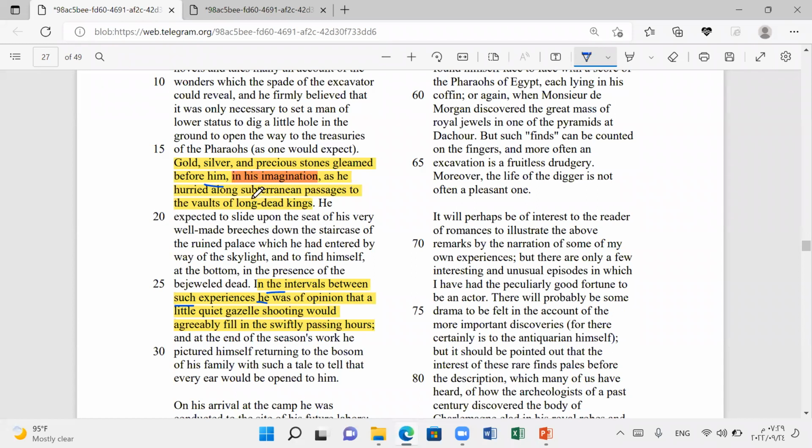Okay, all of that is in his imagination. So in the intervals between such experiences, he was of opinion that a little quiet gazelle shooting will agreeably fill in the swiftly passing hours. So there is a reference to him here and the intervals between such experiences, right?